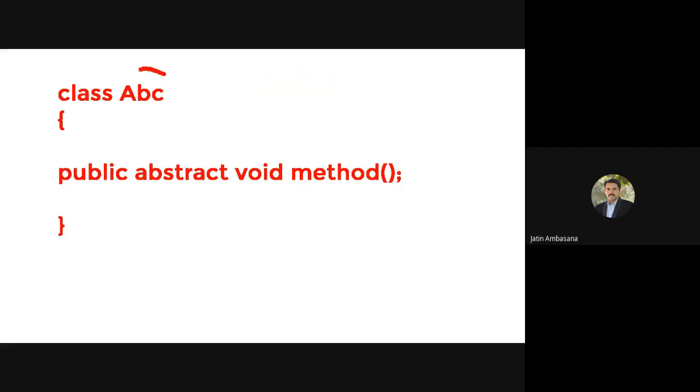So this class should be declared as an abstract class. What should it be declared as? It should be declared as an abstract class. Got the point?